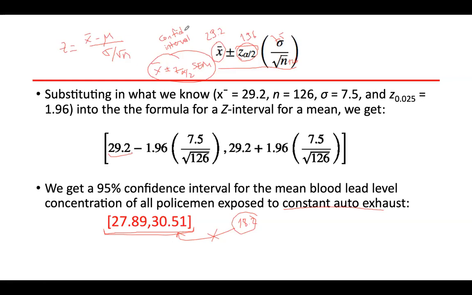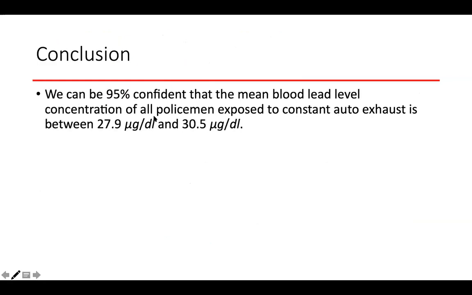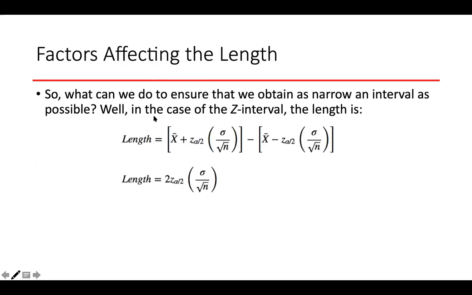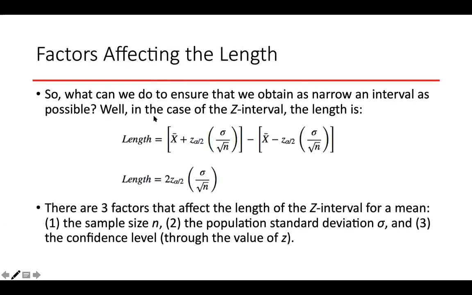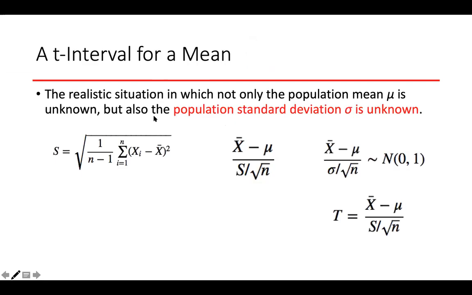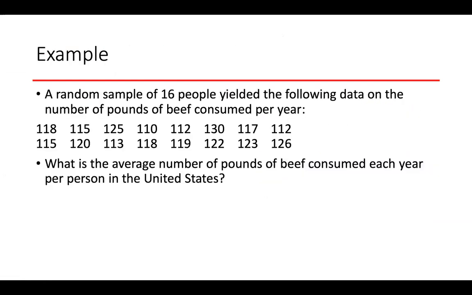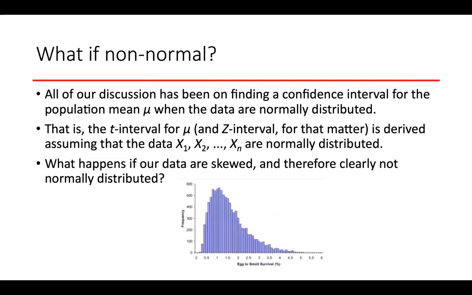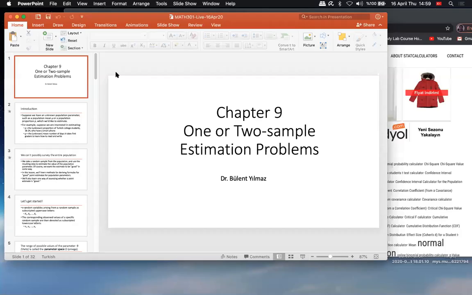I want you to go over the slides in terms of factors that affect the interval, confidence intervals, and those kinds of things. I also want you to take a look at the T interval for a mean. There are some nice examples here. Then on Monday we will be exercising on the questions that we have in our book.